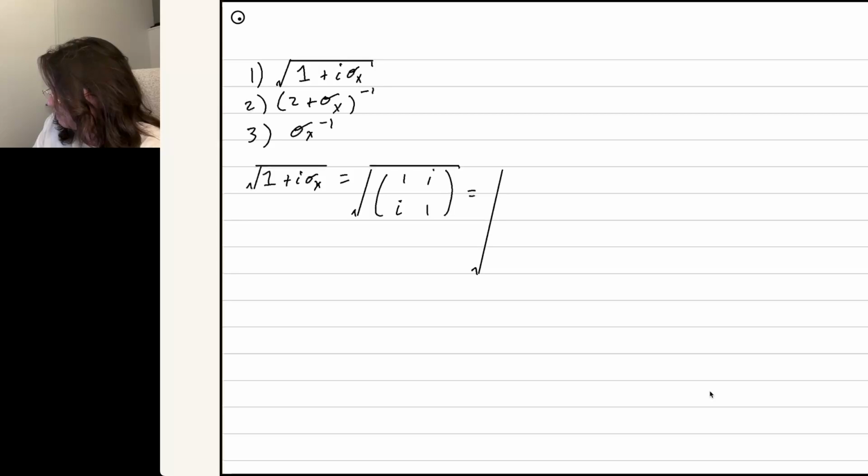Square root of 2. And then inside the matrix we have 1 divided by square root 2, i over root 2, i over root 2, and 1 over root 2.